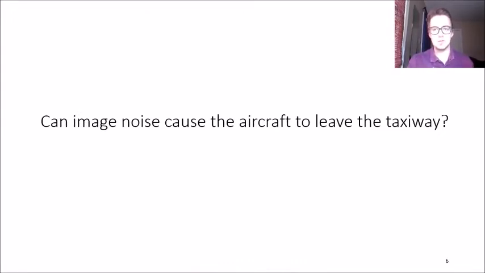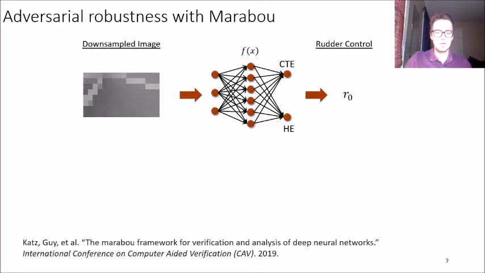Typically, when you have these image-based neural networks, we would consider questions about local robustness or adversarial robustness. But we're going to be looking one step further to see how this local robustness affects the system over multiple time steps. So first, let's talk a little bit about adversarial robustness. There's a variety of tools that could be used to solve adversarial robustness queries, but we'll be using Marabou. The idea is that you have this input image that nominally produces some output, in this case the rudder control.